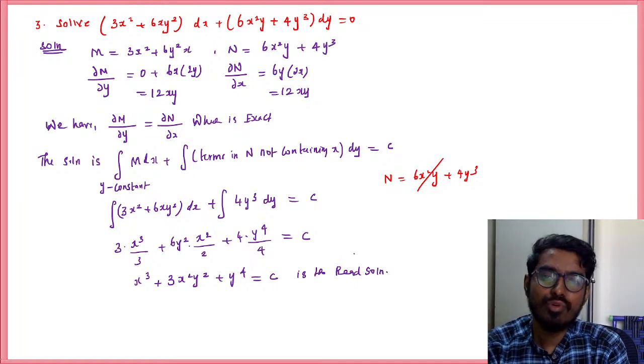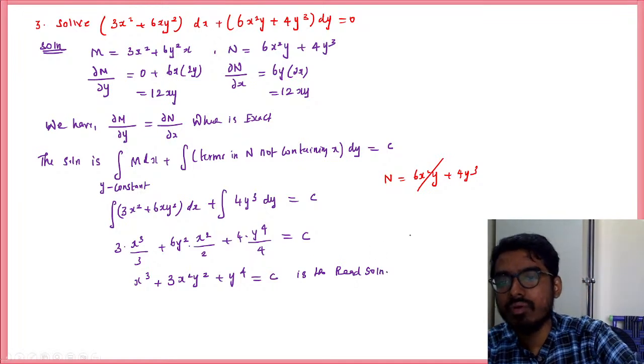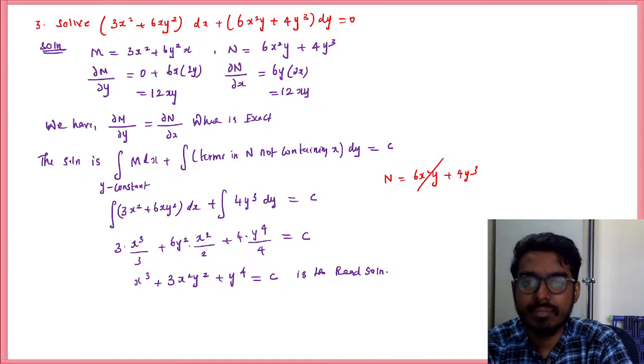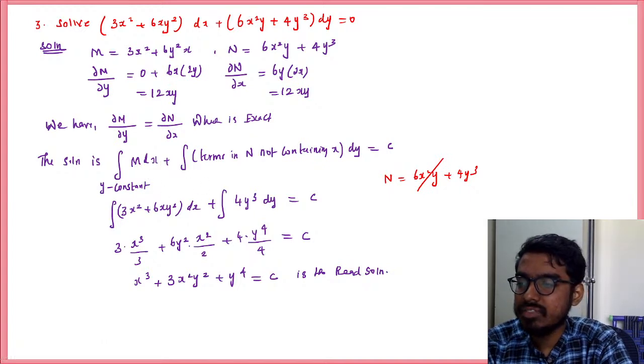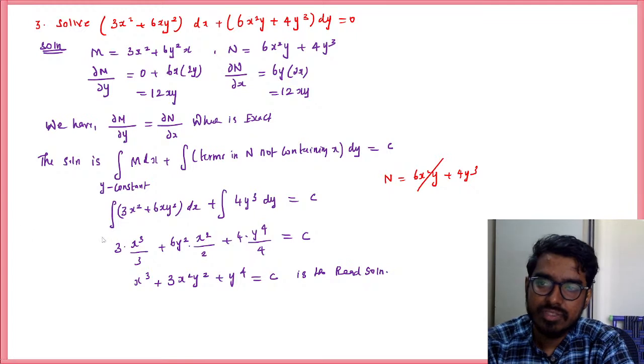You just have to prove it is exact by showing ∂M/∂y is equal to ∂N/∂x. If it is exact, we know the solution is the integration of M dx plus the integration of terms in N not containing x. Very simple.